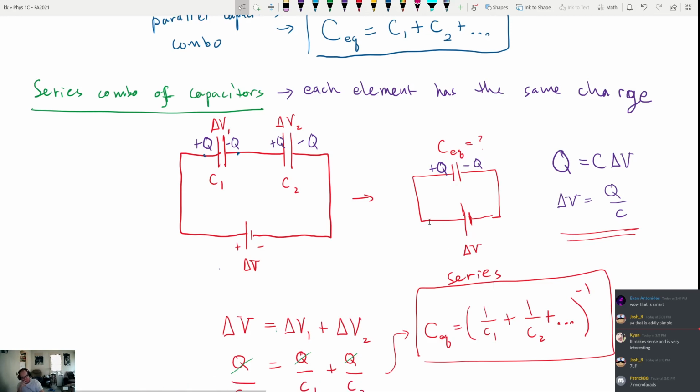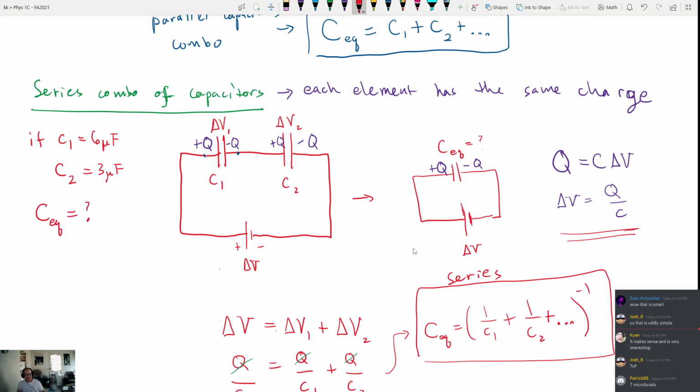Does that make sense? Maybe we use some example real quick here. So if C1 was equal to 6 microfarads and C2 was equal to 3 microfarads, what would CEQ be equal to?